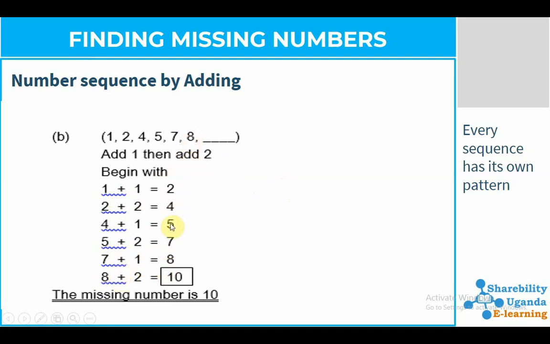The 8 we have got, we add 2, we get 10. Whichever numbers they give you, they may give you maybe 3 numbers which are missing or 4 numbers which are missing. We shall use the same concept, the same method, the same formula to come up with our missing numbers.